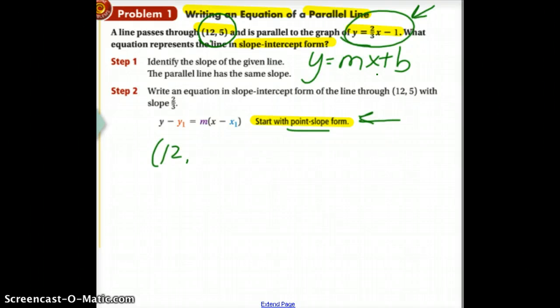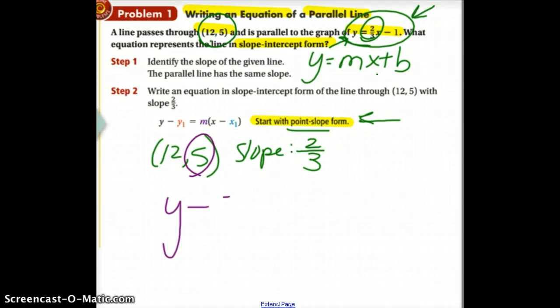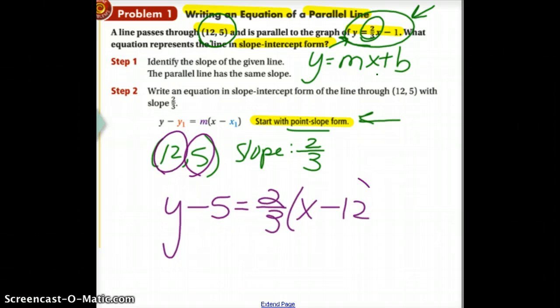I have this point, and all I need to look at from this equation here is the slope. Since my parallel line will have the same slope, I know that this line will also have a slope of 2 over 3. So point slope form, y minus y1 equals slope times x minus x1. There's my equation in point slope form.